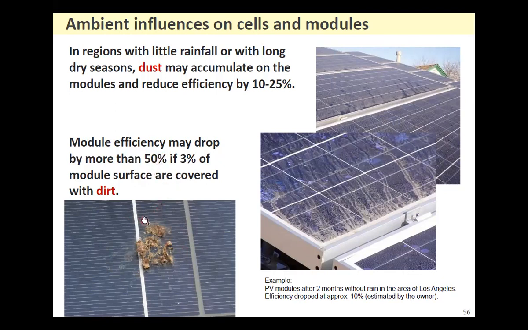If only 3% of the module surface is covered, there is a 50% reduction in efficiency.